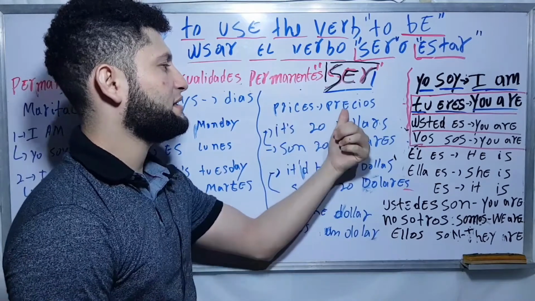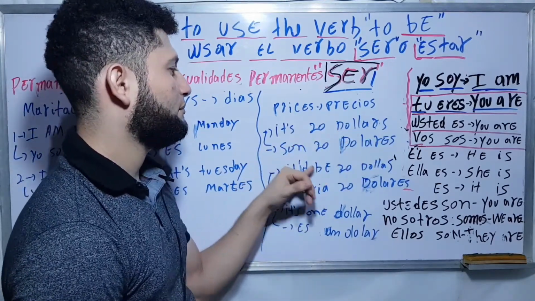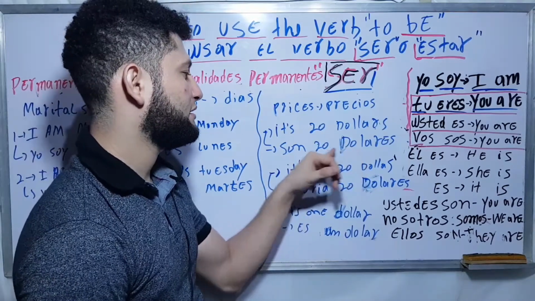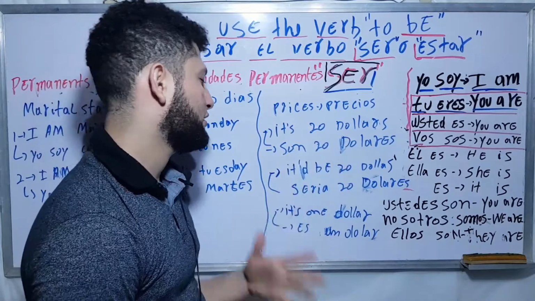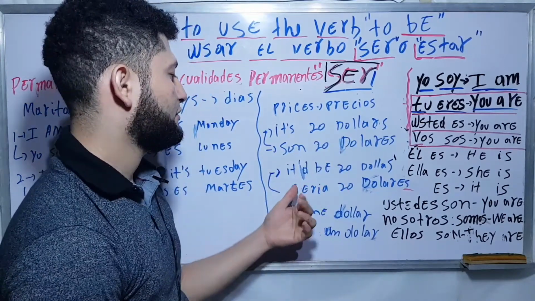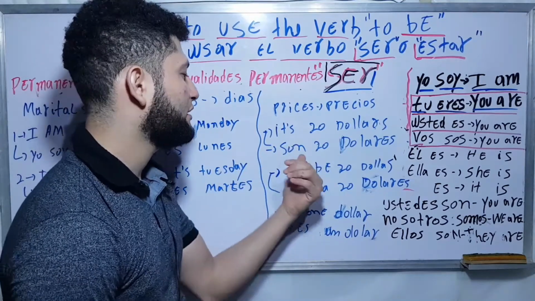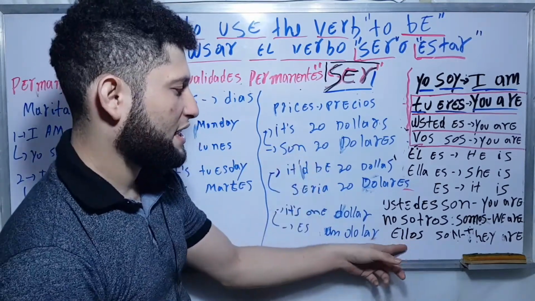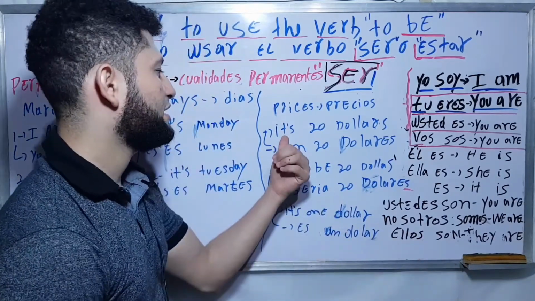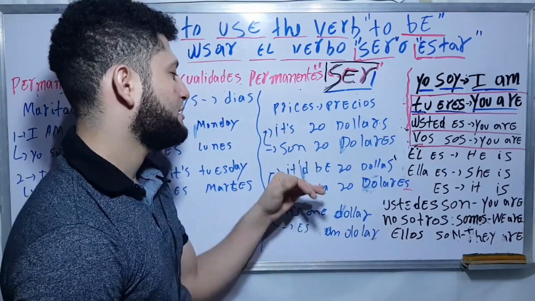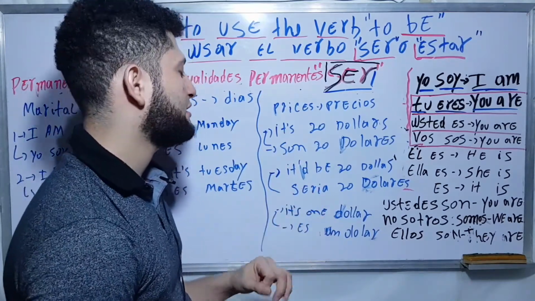Prices in Spanish, precios. It's $20, son $20. In this case, it sounds like a plural, son, like they are, ellos son, but in English it is in singular. But in Spanish it is not like this.